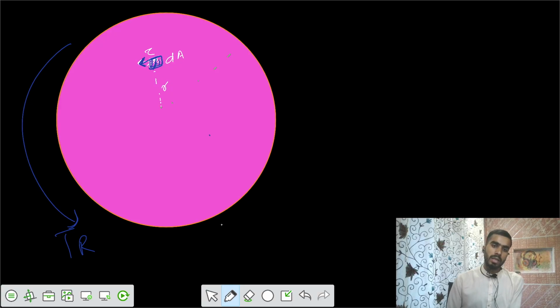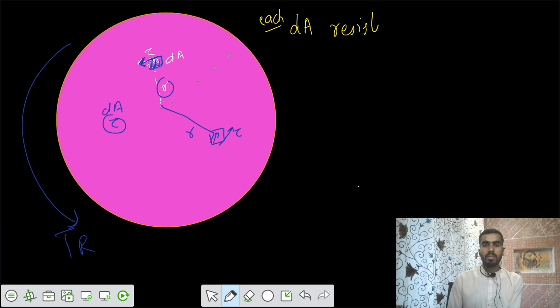Similarly, you take any element somewhere here, and the direction of tau would be in this way, tau at a distance of r. So each small dA contributes some value of tau at a distance of r. Each dA resists some small torque dtr, and that small dtr equals the force times the lever arm.